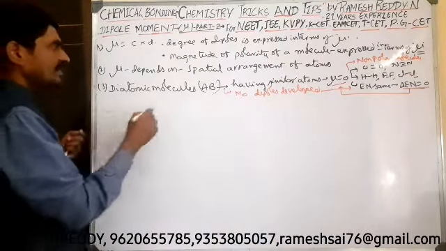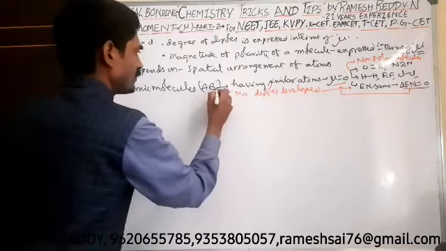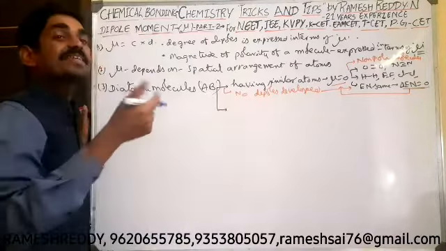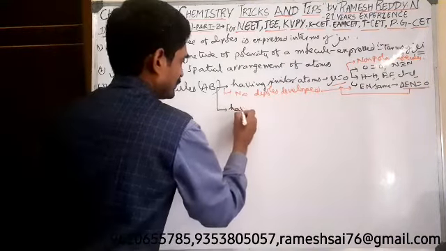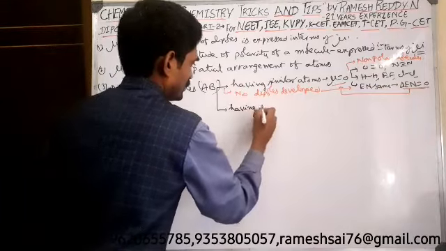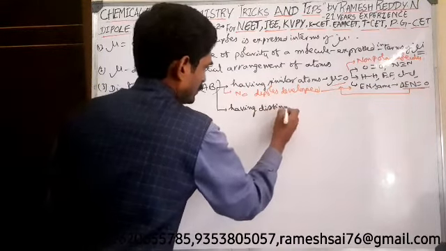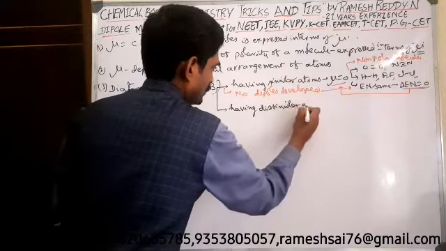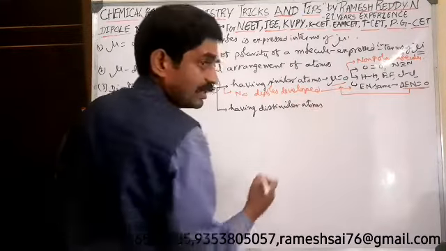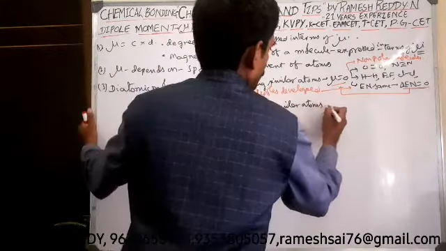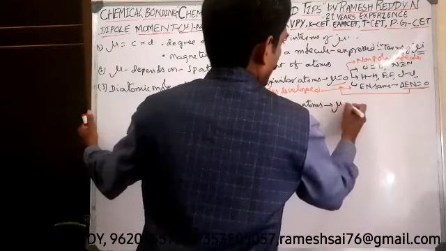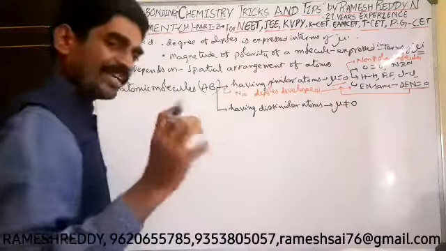Next one. If the diatomic molecules have dissimilar atoms, in this type of molecules the dipole moment is not equal to 0. Some value is there.